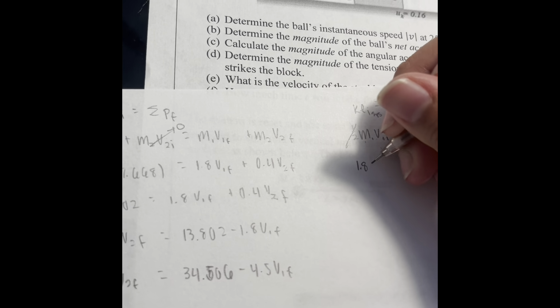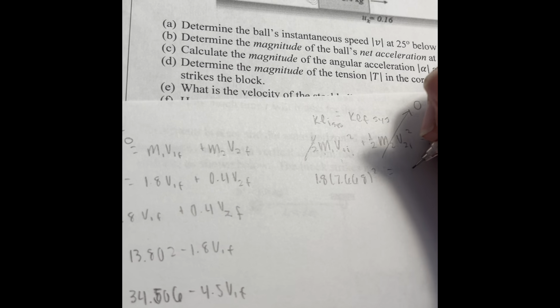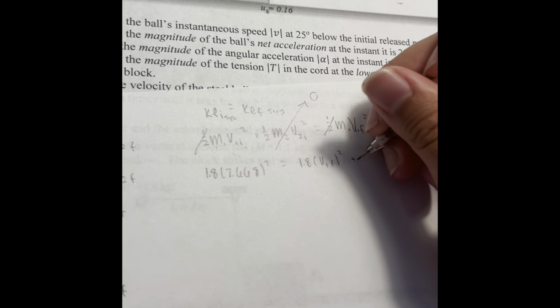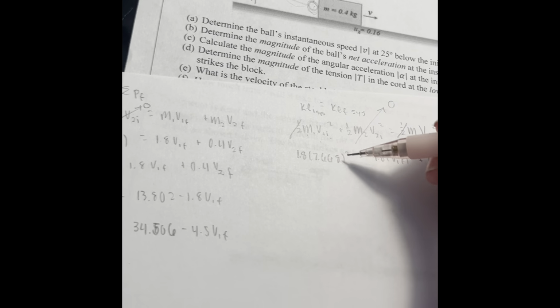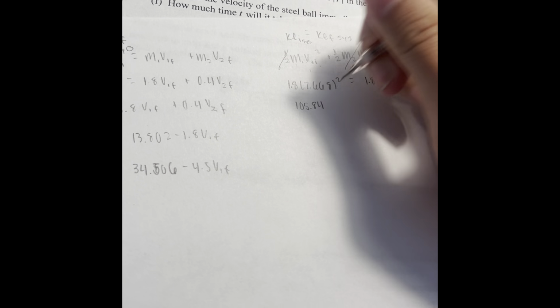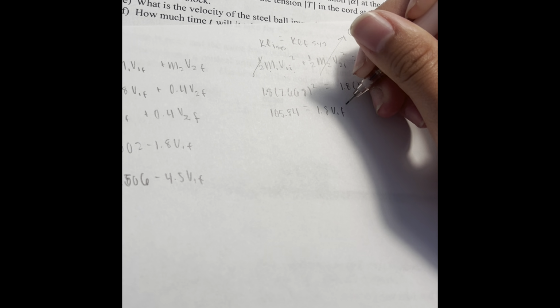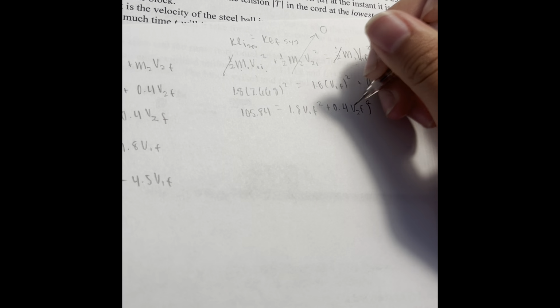So 1.8 times 7.668 squared is equal to 1.8 v1f squared plus 0.4 v2f squared.